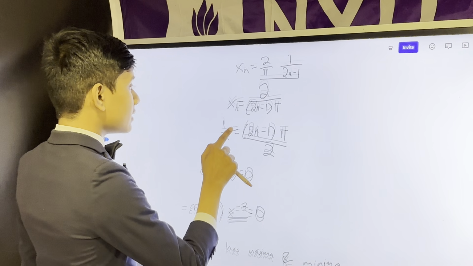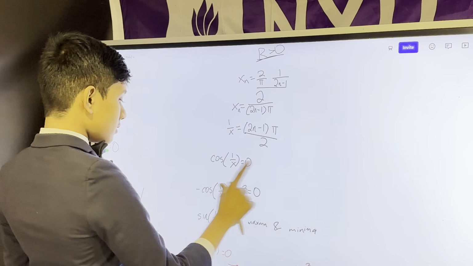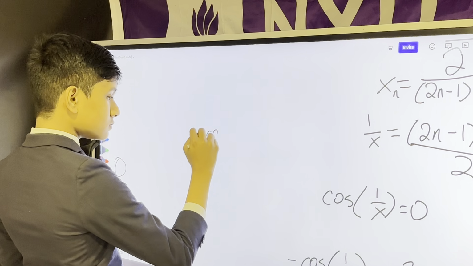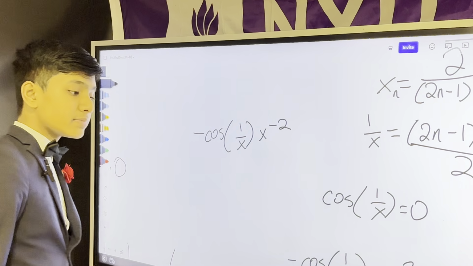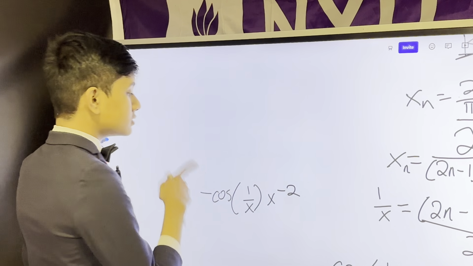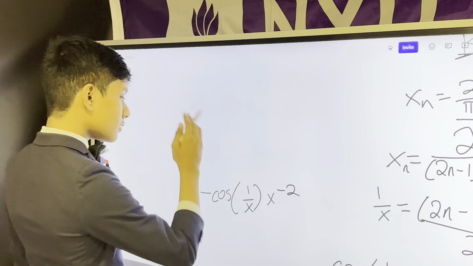Well, then you have to look at where the second derivative is equal to 0, which is going to look a little bit distressing, but you use the product rule again to get what?